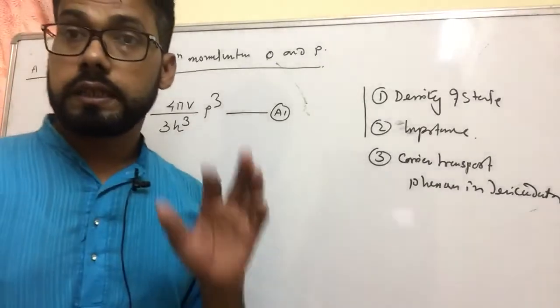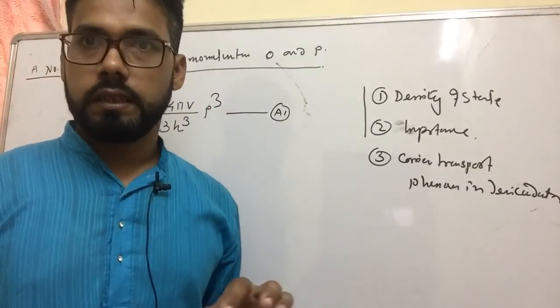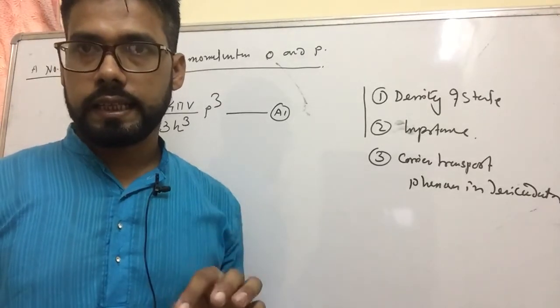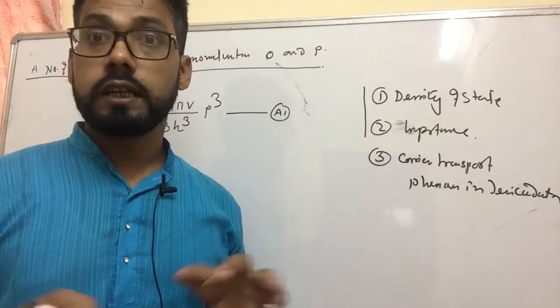Okay, now in order to calculate the density of state for a specific particle, first of all you must have some idea about what particles are available in the universe.